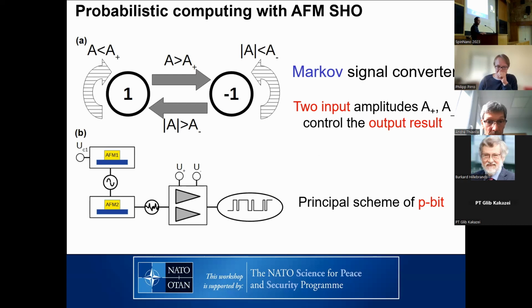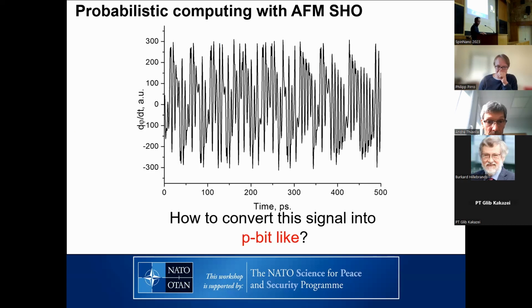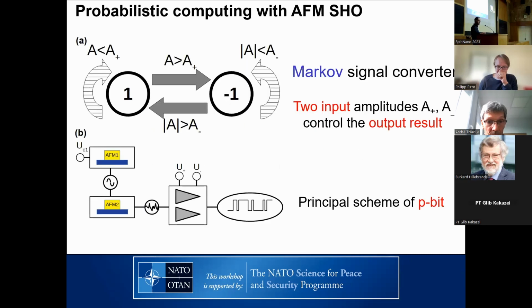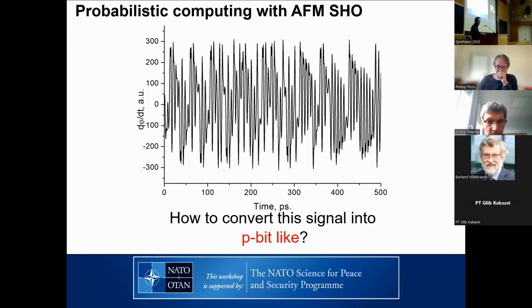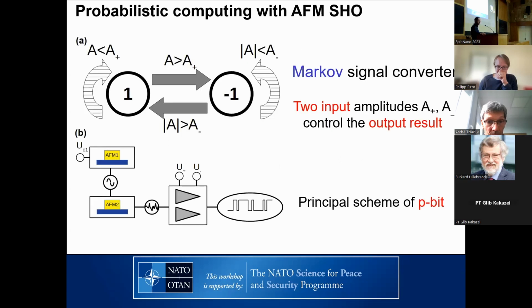Basically, we consider this stochastic signal as a driving signal for another simple Markov system. It has two states, 1 and -1, and depending on the detected amplitude of this stochastic signal, it either remains in this state or it switches. Quite simple. So you need to set two amplitudes, and here you go.